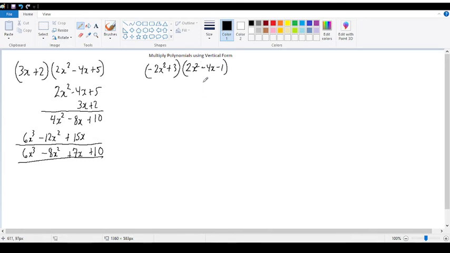Again, like I said, we put one of the terms at the top and the second term at the bottom, preferably the one with the most terms at the top and the one with the least terms at the bottom. So let me write it out here.